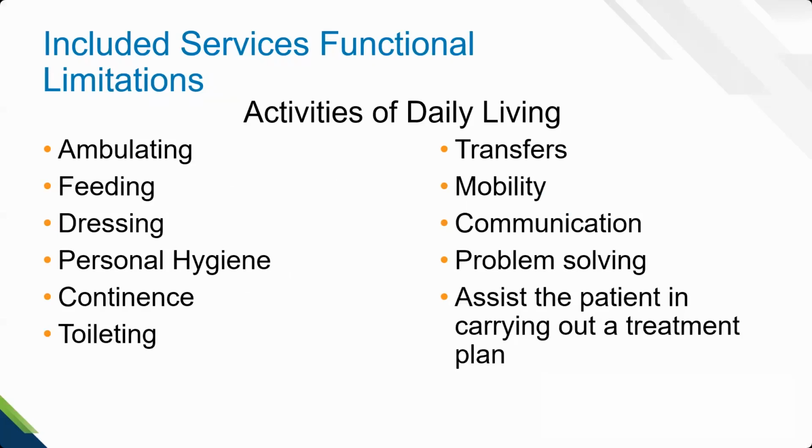So this could be helping the patient to declutter their home, for an example, or helping the caregiver to understand why that's important. If they have a really big dog in the house, helping the caregiver to understand what needs to happen with that dog in order to help the patient not have a fall, to help the patient not be bitten by the dog, etc.